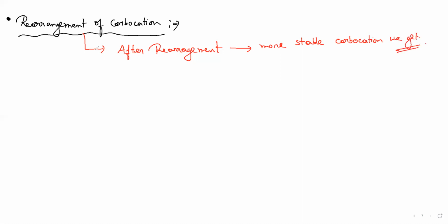Now, how does the rearrangement occur? Suppose we have it like this way. This one is a carbocation.